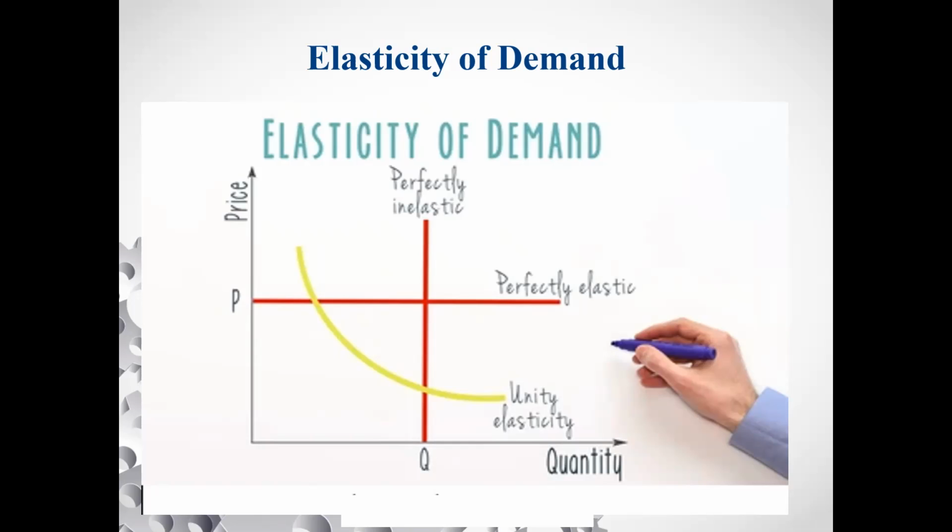But if there is a sudden change in price, say from 10 rupees to 20 rupees, and 100 people were purchasing that product at 10 rupees, then the demand may go down to 75 or 50 when the price increases to 20 rupees.